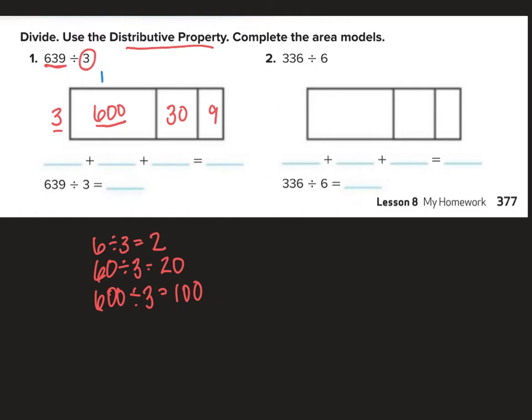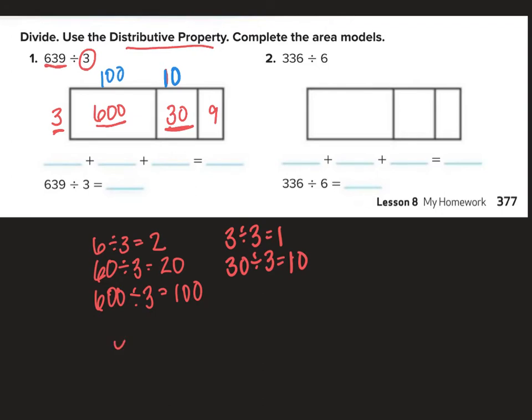Our quotient is going to go on top. I'll put it in blue so it looks different. Next, we're going to do 30 divided by 3. So 3 divided by 3 equals 1, 30 divided by 3 equals 10.